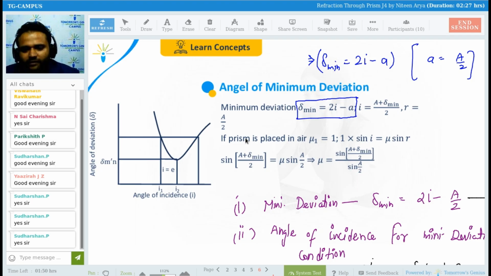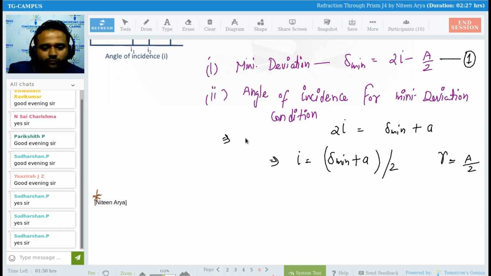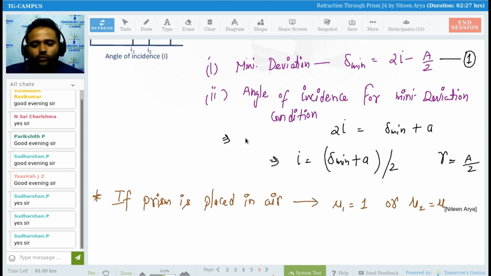So, from this relation, for refracting surface 1, in general, if the prism is placed in air, then mu1 is going to be what? 1, and mu2 we can directly put mu. Clear? Till now everything clear everyone?